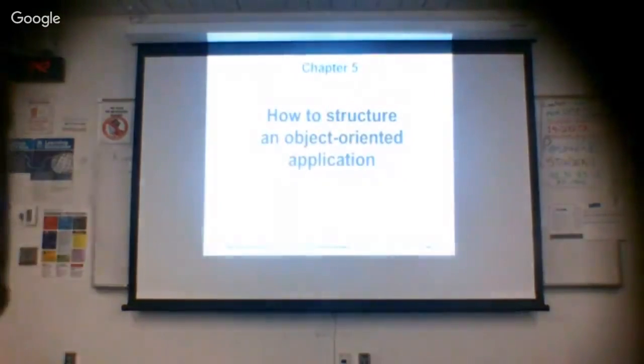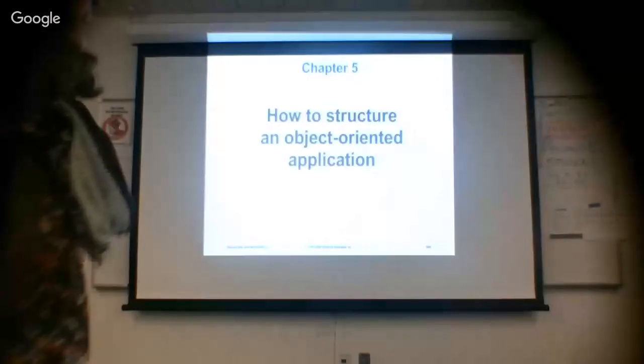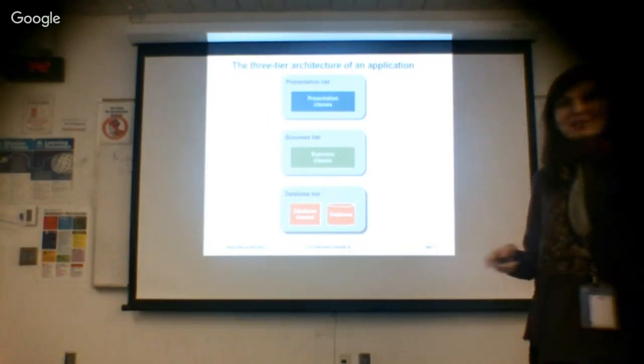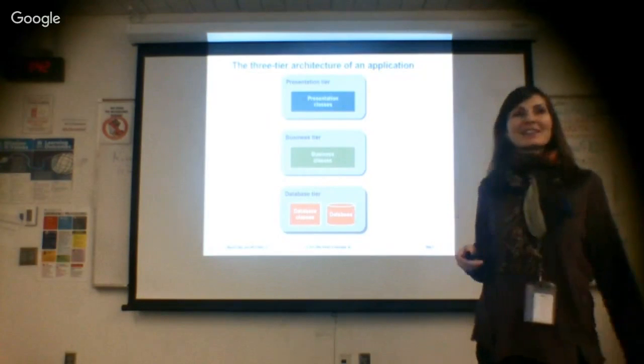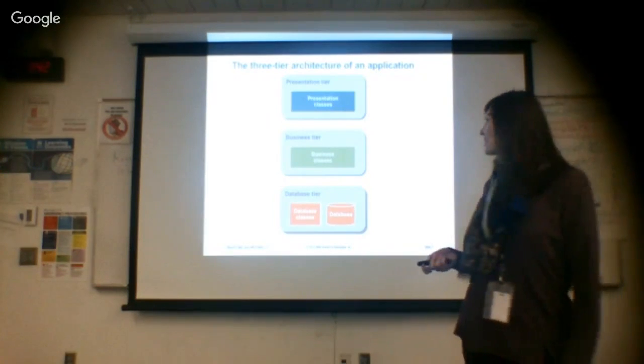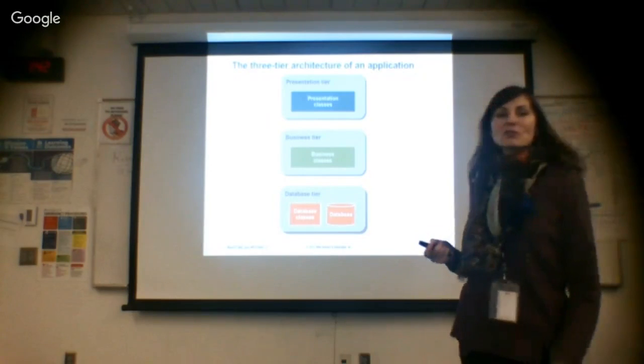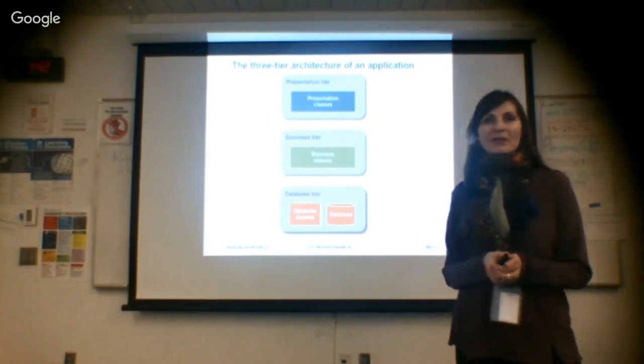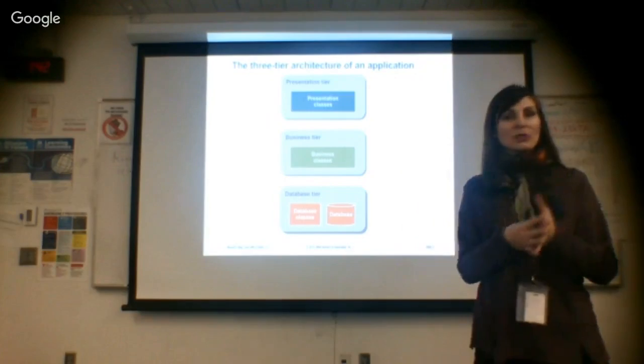So let's get started with chapter 5. Shifting between JavaScript and Java. All right, so this chapter is about structuring Java applications that are object-oriented.